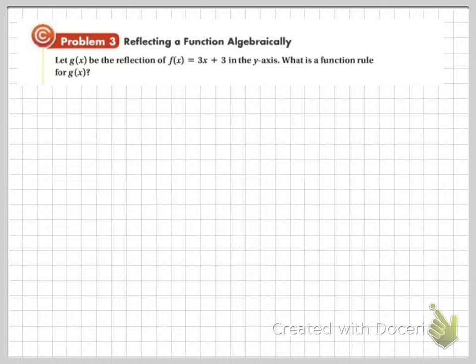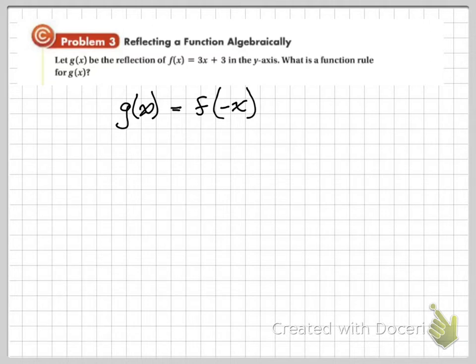Problem 3 talks about letting g of x be a reflection of f of x equal 3x plus 3 in the y-axis. What is the function rule for g of x? So if it's a reflection in the y-axis, our g of x is going to actually equal f of negative x. Okay, so what do?